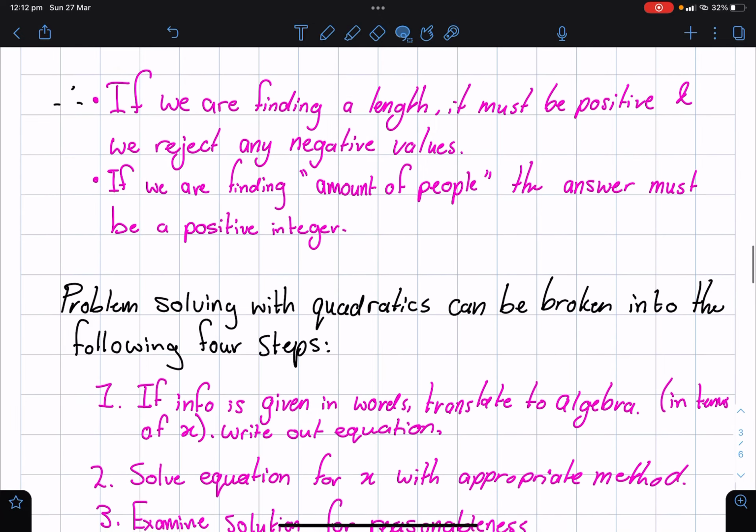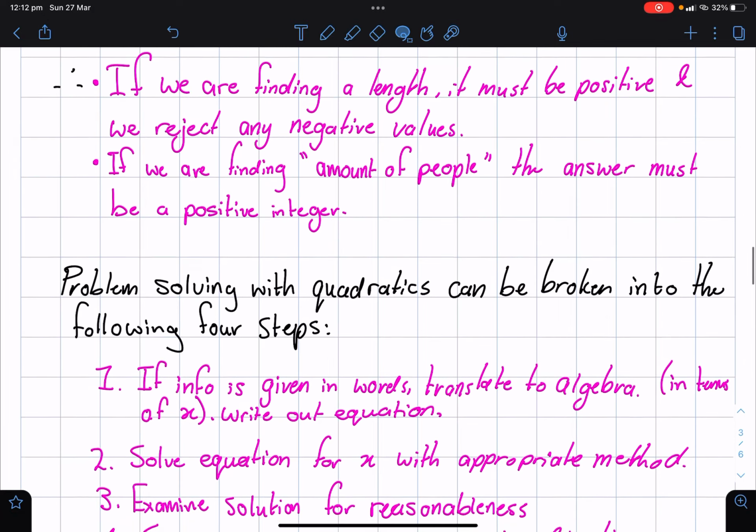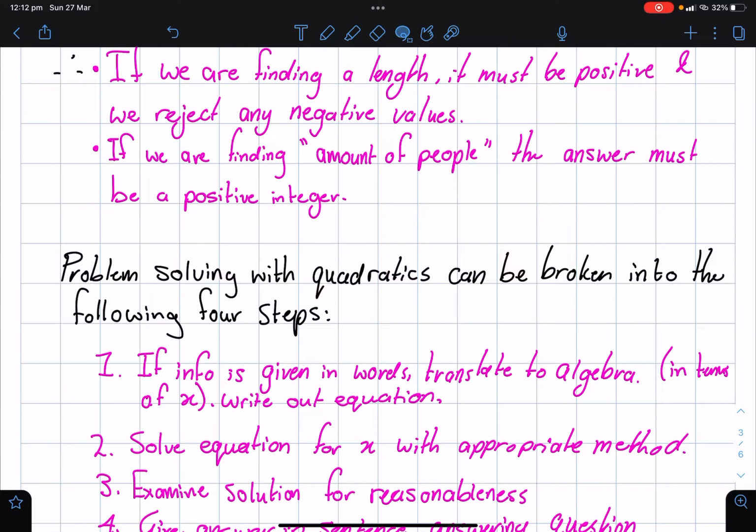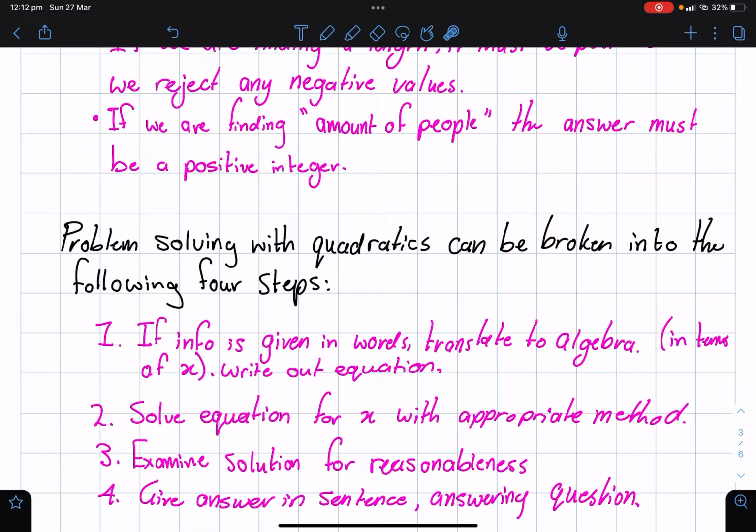Step 2: solve that equation for x with an appropriate method, whatever you are comfortable using, whether it be factorization or anything else. Step 3: examine your solution for reasonableness, especially keeping in mind these 2 things up here. Step 4: give your answer in a sentence, actually answering the question.